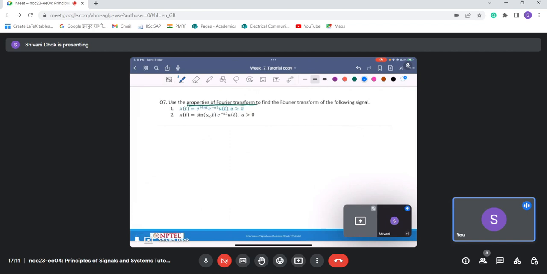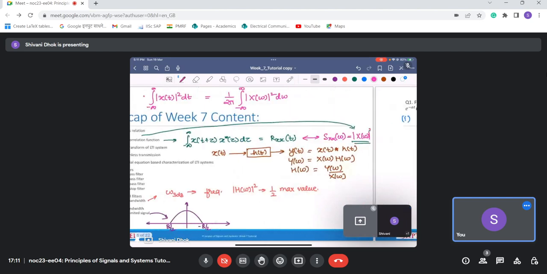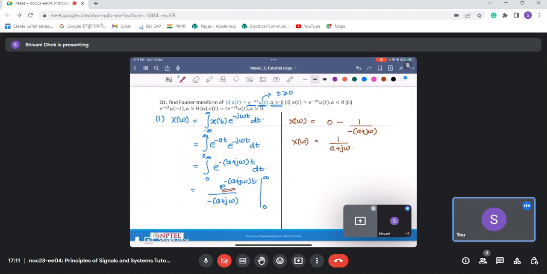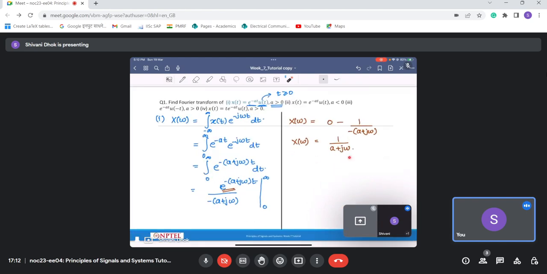Okay, so what we are having is x of t is equal to e power j 4 pi t into e power minus a t u of t. Now if we look back at the very first question that we had solved, that was the function x of t equal to e power minus a t u of t, and this function has a Fourier transform x of omega equal to 1 upon a plus j omega.